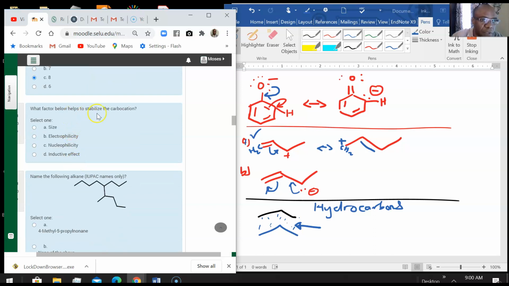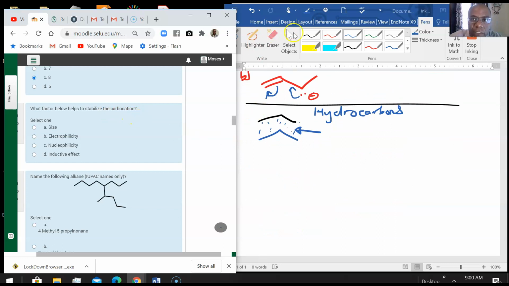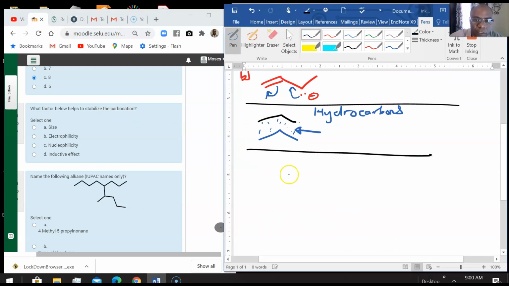What factor below helps stabilize the carbocation? If you've forgotten what the carbocation is, it's a carbon with a plus charge. Okay, so size does not apply. Electrophilicity, that's not even considered. Nucleophilicity is not a factor either, since a carbocation is not a nucleophile anyway.